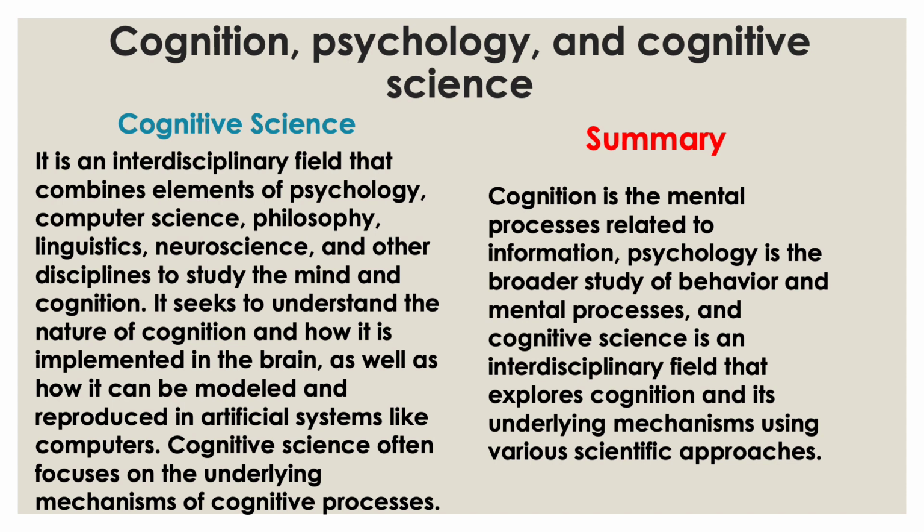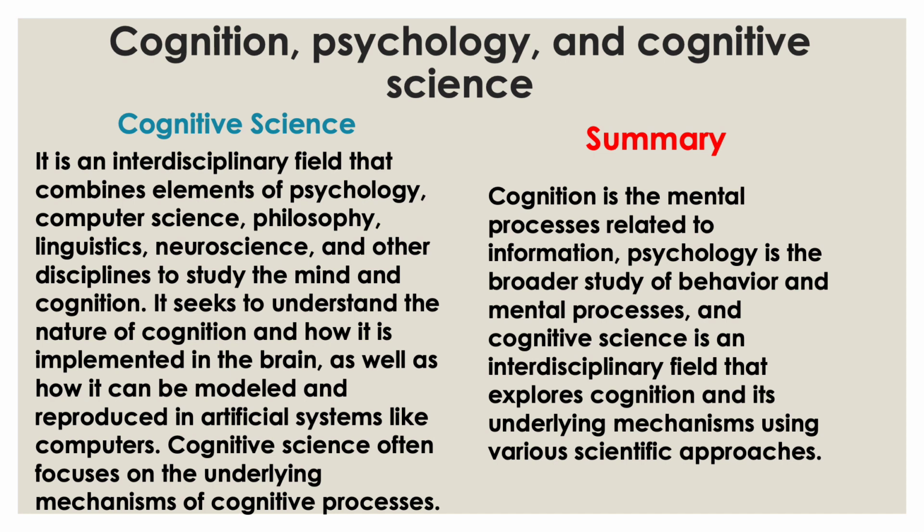Cognitive science often focuses on the underlying mechanism of cognitive processes. So, in the field of cognitive psychology, they have included findings of other scientific disciplines like computer science, neuroscience, etc. Why? To understand better how we think.